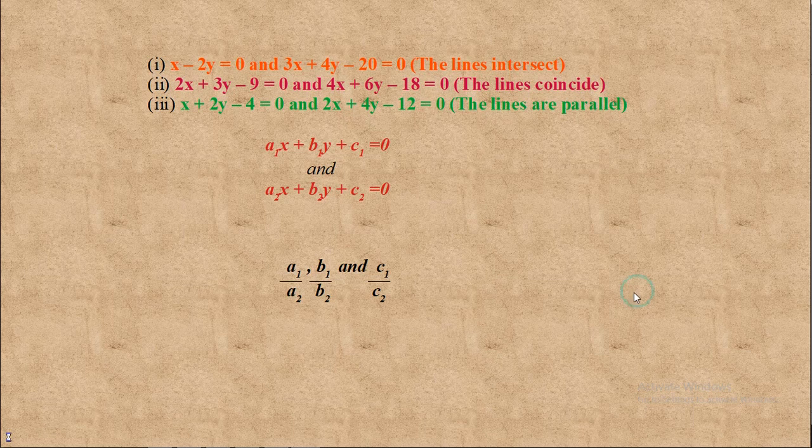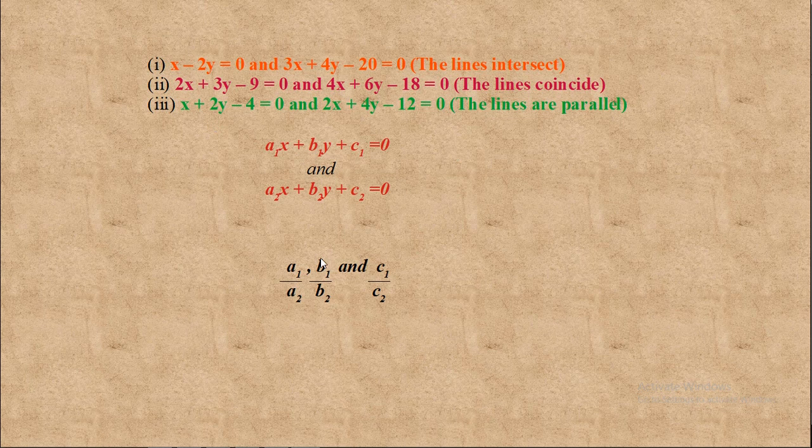Now we are going to see how to find the graphical representation, and from that the solutions of a pair of linear equations, all without plotting the graph. For that, we first take the pair of linear equations in general as a1x plus b1y plus c1 equal to 0 and a2x plus b2y plus c2 equal to 0.